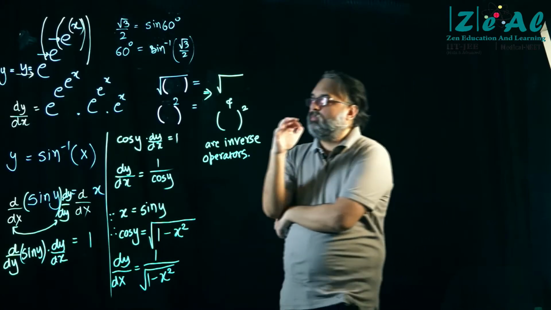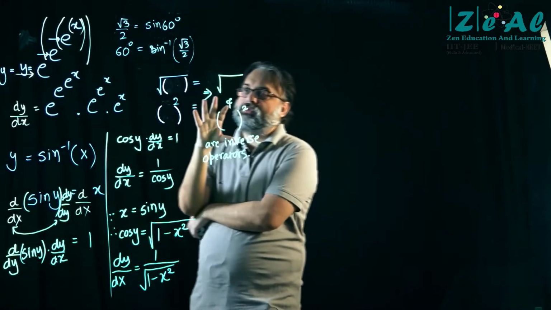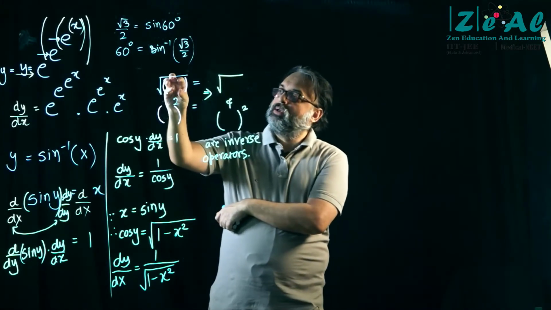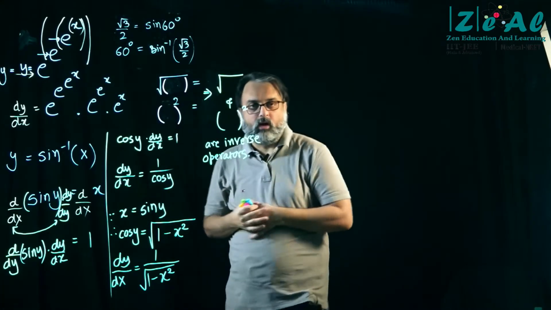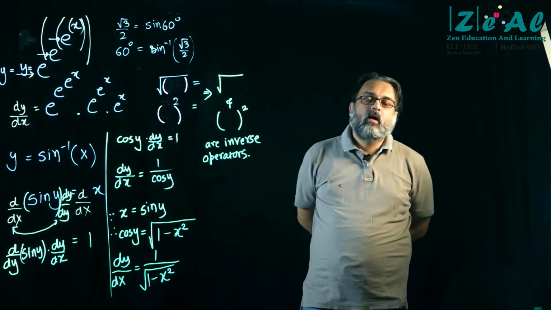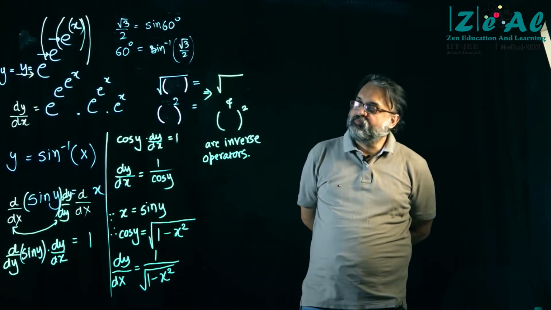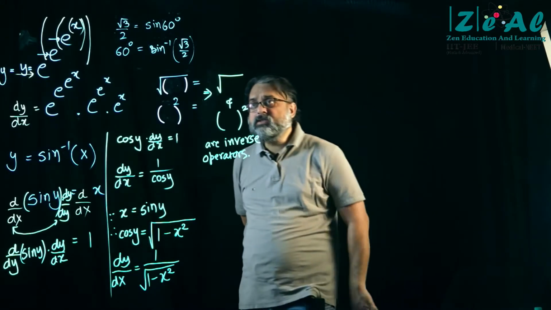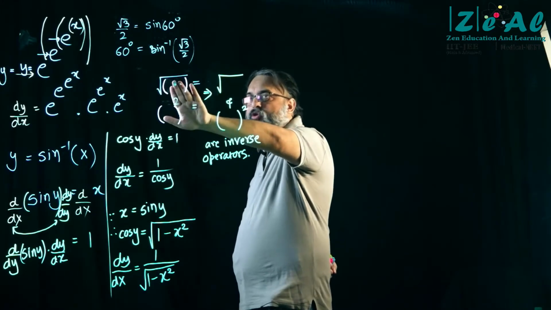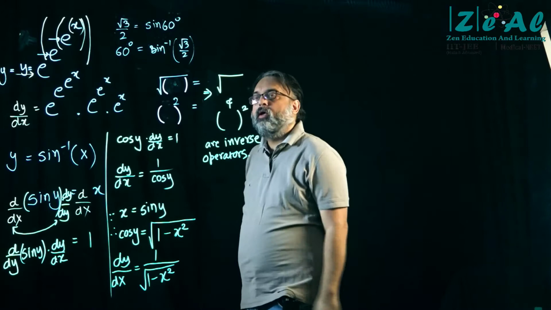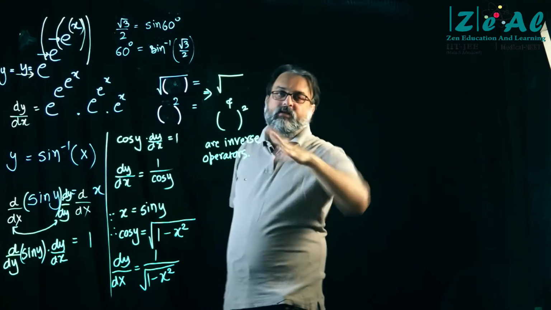So inverse operators are operators for which these two things are valid. First is that for operator number 1, जो भी इनपुट है और जो उसका आउटपुट है, ऑपरेटर नंबर 2 के लिए ये रिवर्स हो जाएगा.